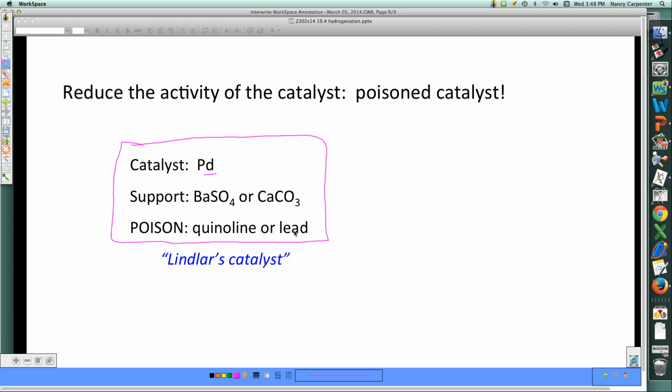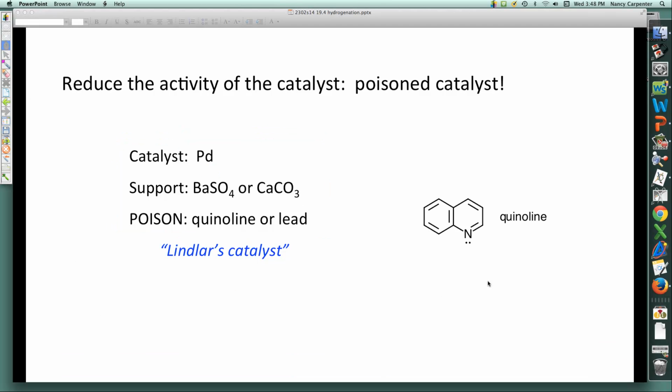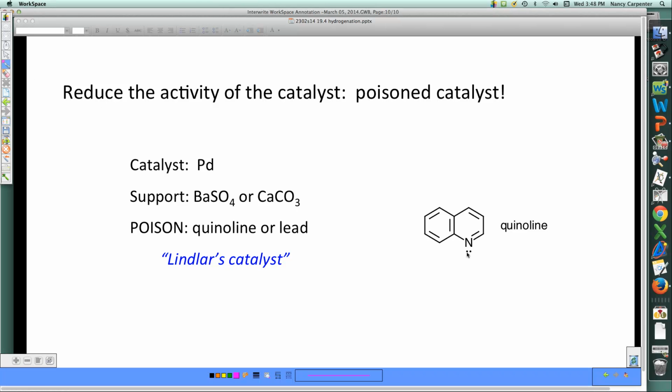Some older references might tell you about lead as a poison, but lead is rarely used anymore. This particular combination is called Lindlar's catalyst. This is quinoline, and basically all quinoline is doing is coordinating to the metal and making it less reactive.